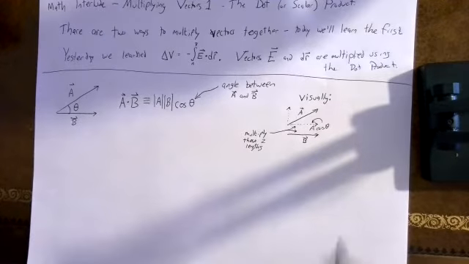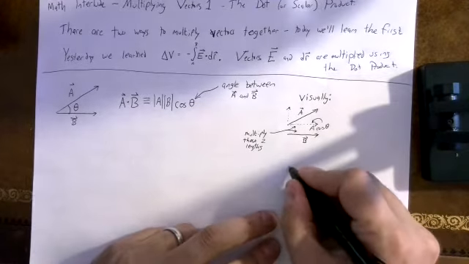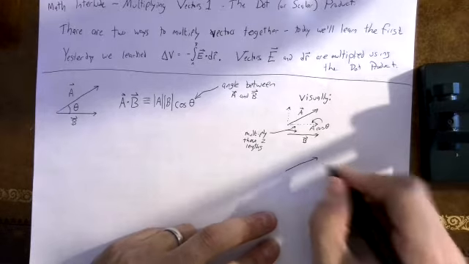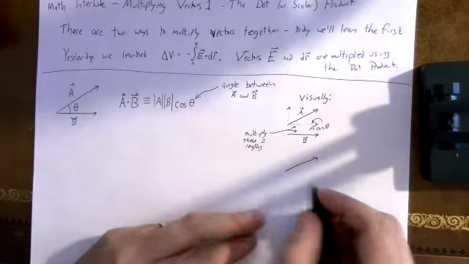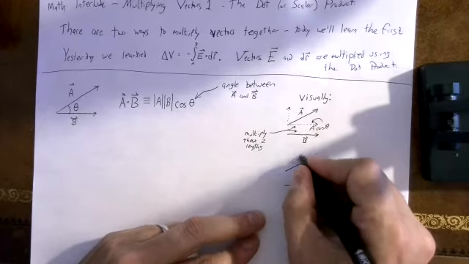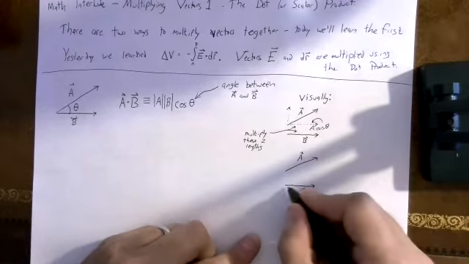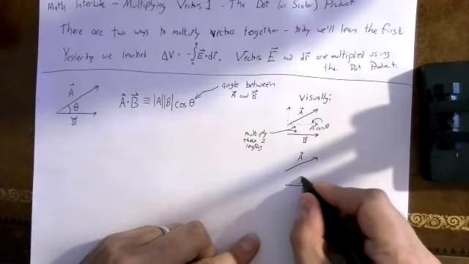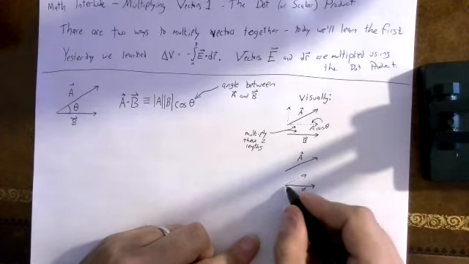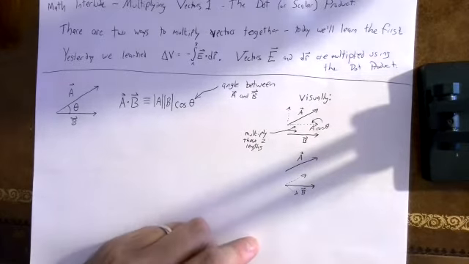And A and B can be switched, so we could also look at it this way. If this is vector A again, and vector B was like this, we can also say that vector B has a component that's parallel to A, which looks like this, and a component that's perpendicular to A, which is like that.